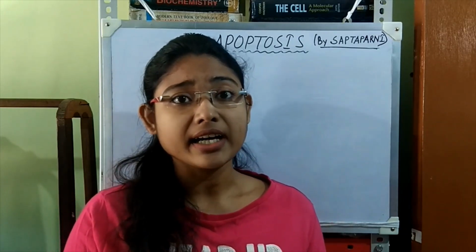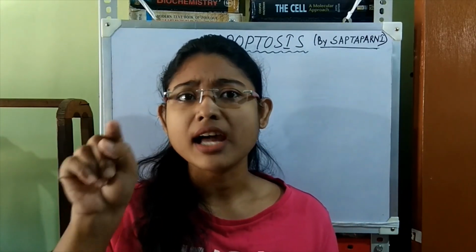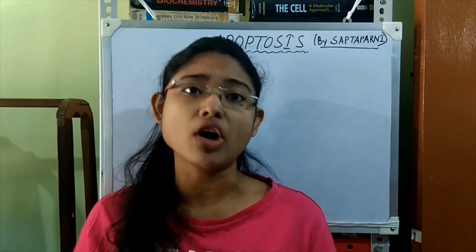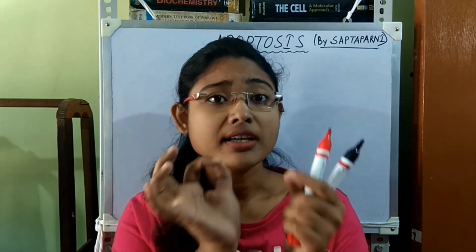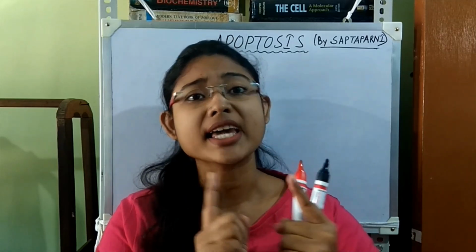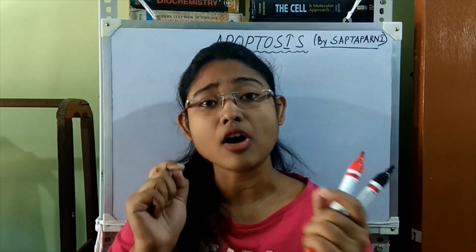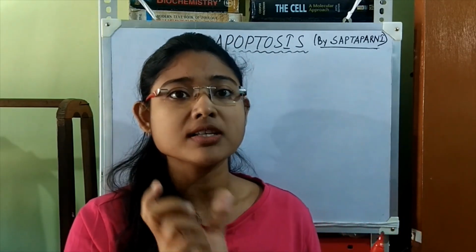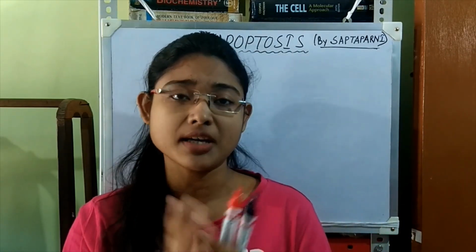Then the death signal that this cell has to be apoptosized comes from the outside of the cell. That is why this kind of signal is known as an extrinsic signal or extracellular signal, and this type of pathway of apoptosis is called the extrinsic pathway.